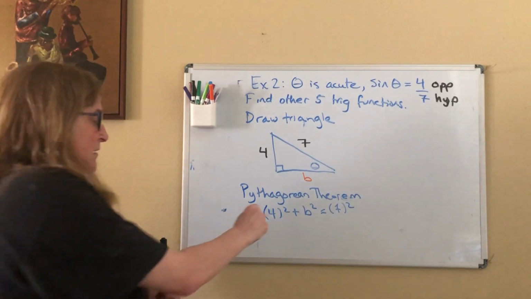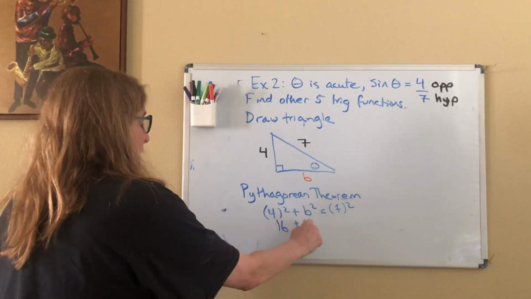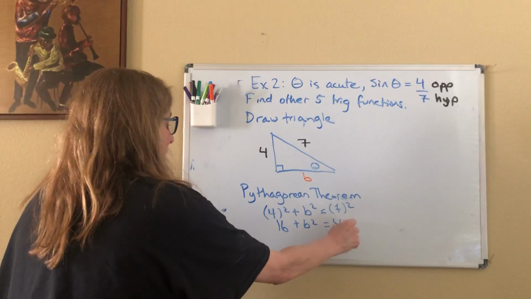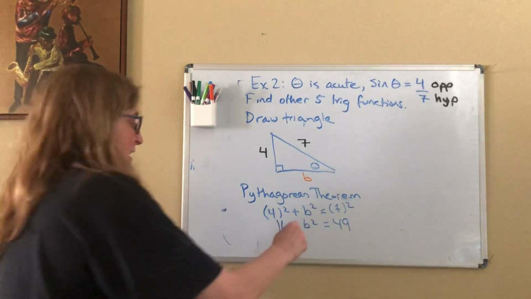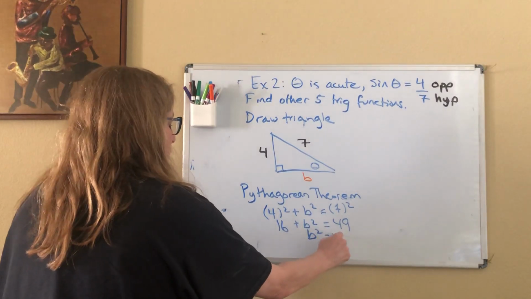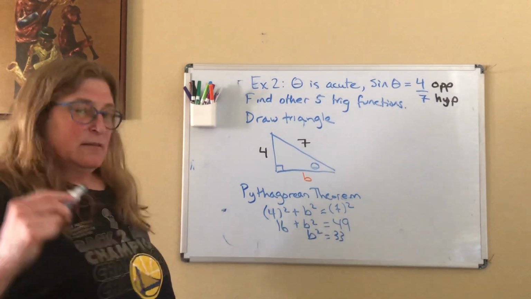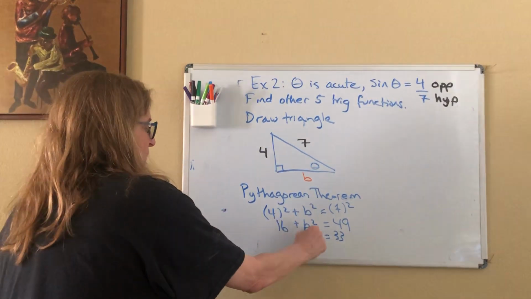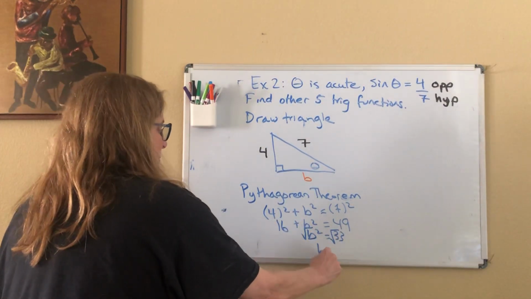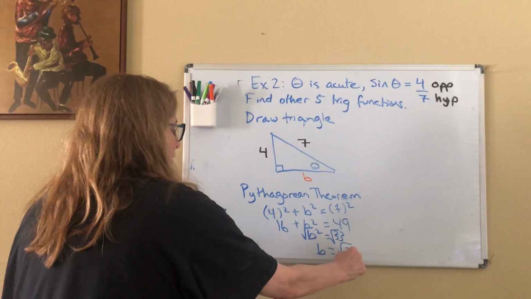Okay, let's see what we've got. We've got 16 plus B squared equals 49. And if I subtract 16 from each side, I get B squared equals 33. Right, we all know from our square roots unit, our quadratic unit, if I square root, I get B equals the square root of 33.